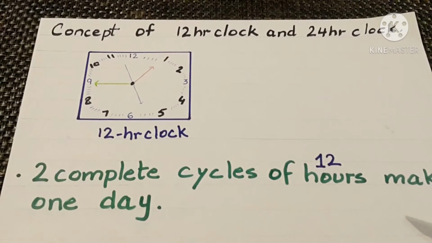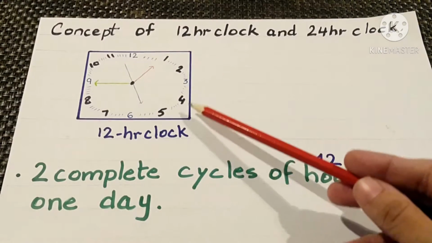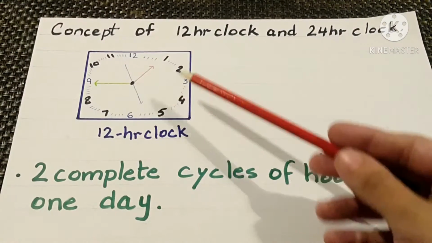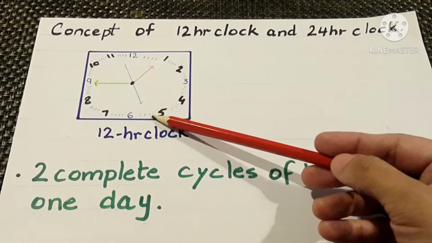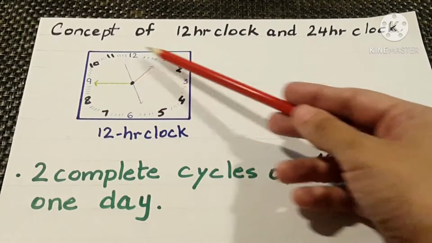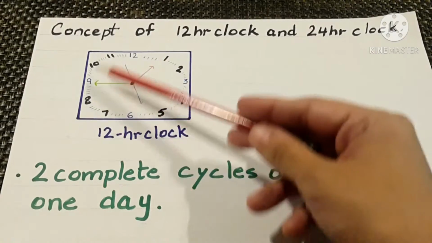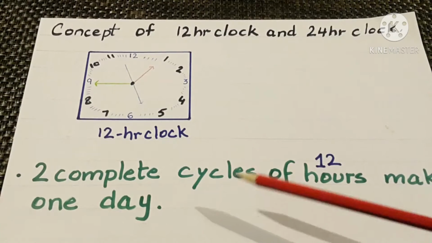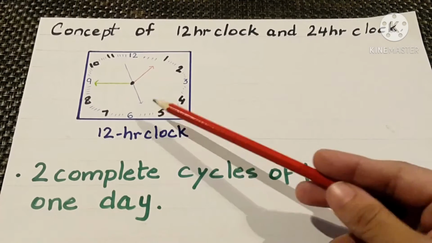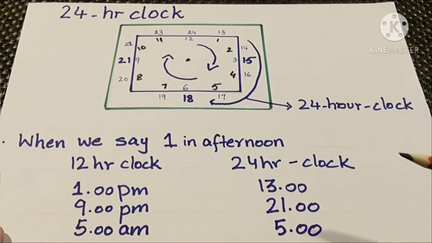Concept of 12-hour clock and 24-hour clock. This clock is a 12-hour clock because here the numbers are 1, 2, 3, 4, 5, 6, 7, 8, 9, 10, 11, 12 and 2 complete cycles of this 12 hours is considered as 1 day. 24-hour clock.